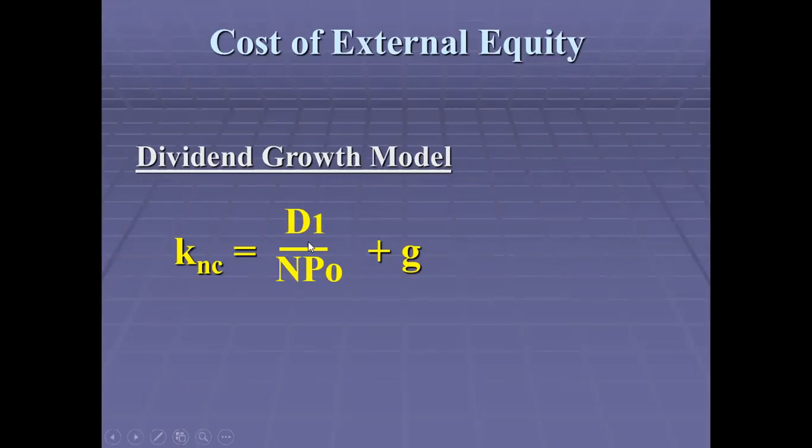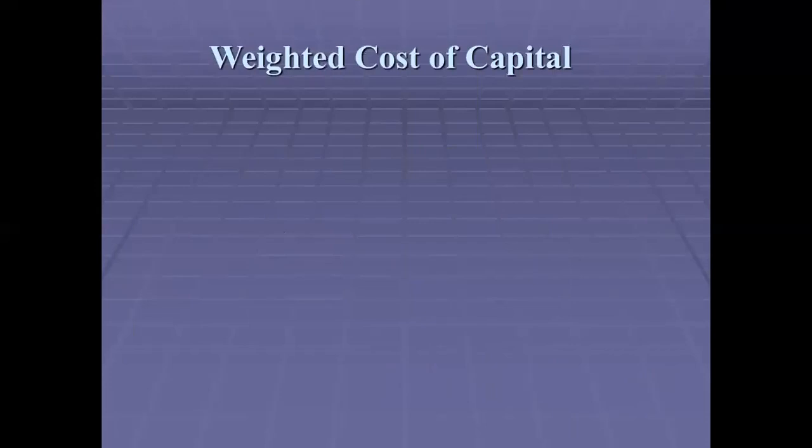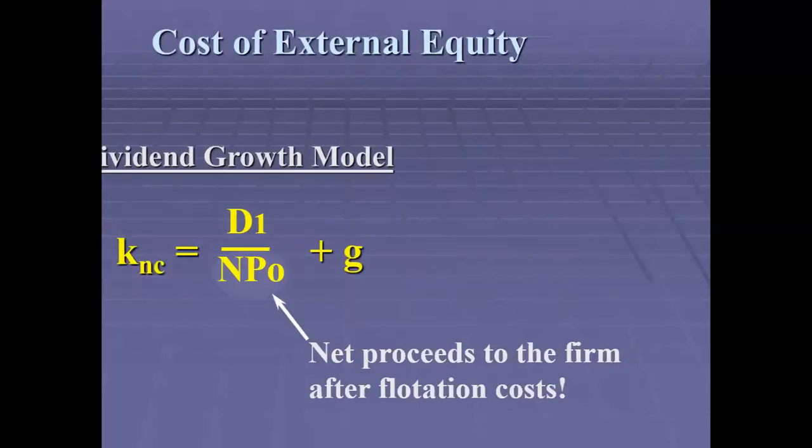NPO is the net price, the price after you subtract the flotation cost. The net proceeds to the firm after flotation cost.